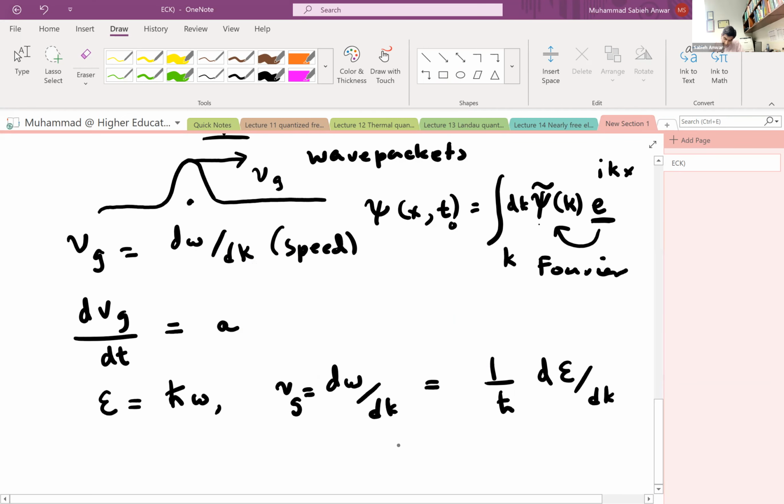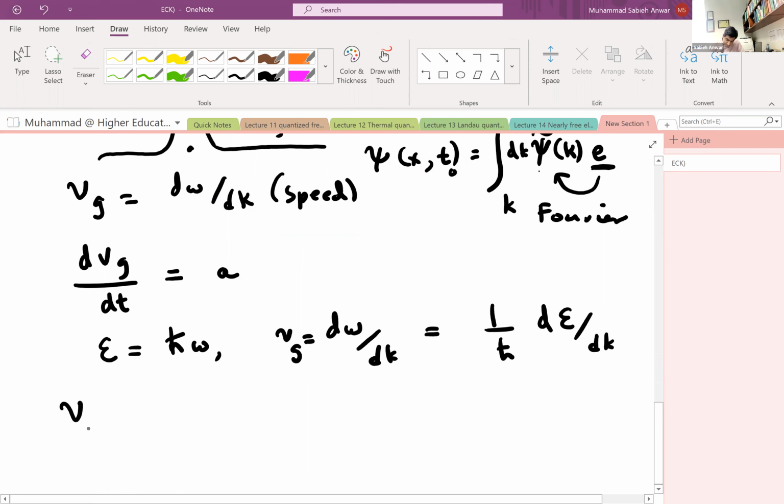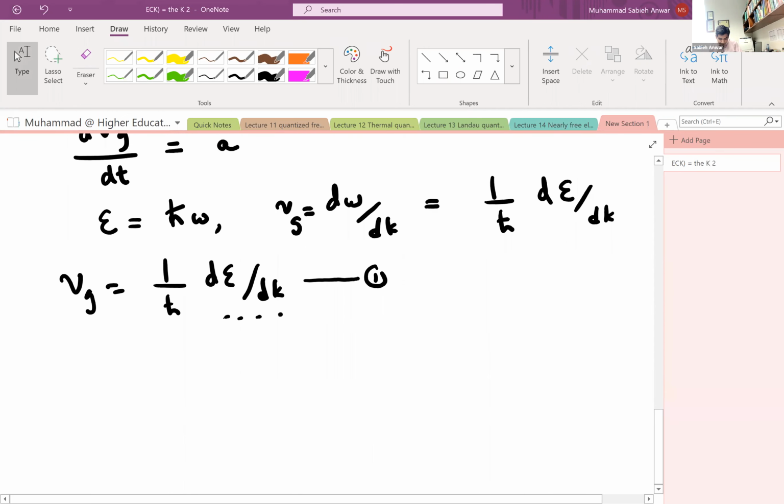So my Vg is 1 over h bar dE over dk. This dE over dk is the slope of the dispersion relationship. Now, if I take the derivative of this velocity, I'll get something proportional to the acceleration. So let's look at the acceleration: dVg over dt is 1 over h bar d squared E over dk dt.